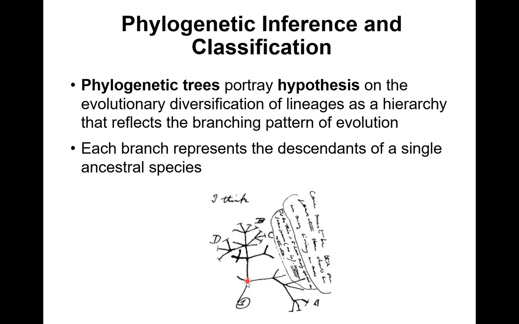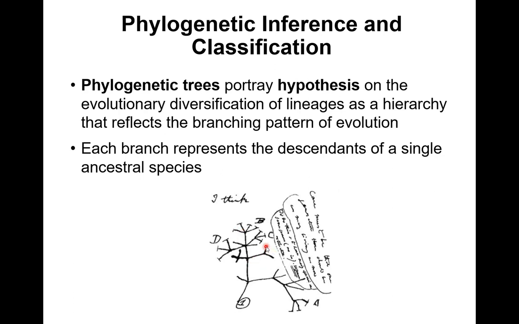Each node represents what is called a common ancestor, and each line represents the new species that will come out, and then the same species can further split. If you think about it, this is nothing else than the graphical representation of macroevolution taking place, giving origin to all the different species.